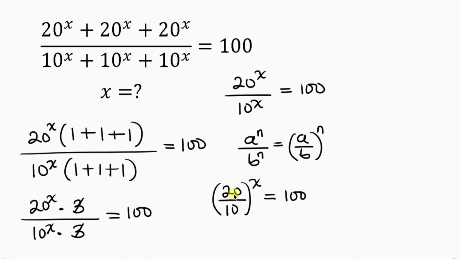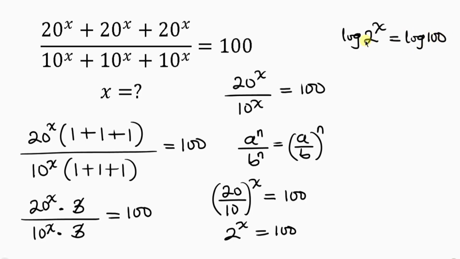Now see that 20 divided by 10 is 2, and this is raised to the x. This is equal to 100. Now our next step will be for us to take the log of both sides. So I'll take the log of the left hand side, which is going to be log 2 to the x, equal to, I'll take the log of the right hand side, which is going to be log 100.